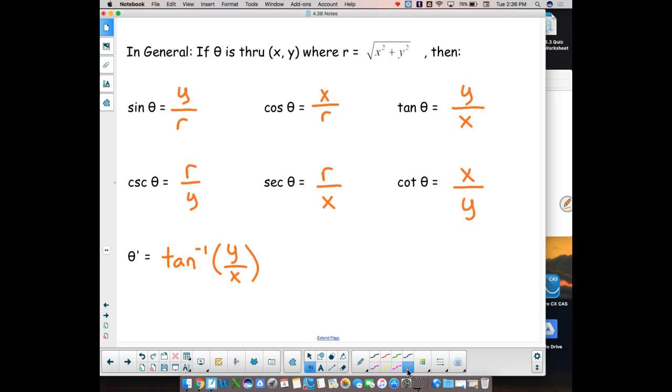But when you do that, you need to drop all negative signs. Or simply put, x and y both need to be positive.